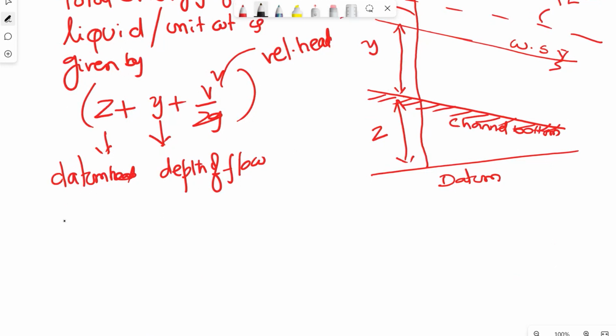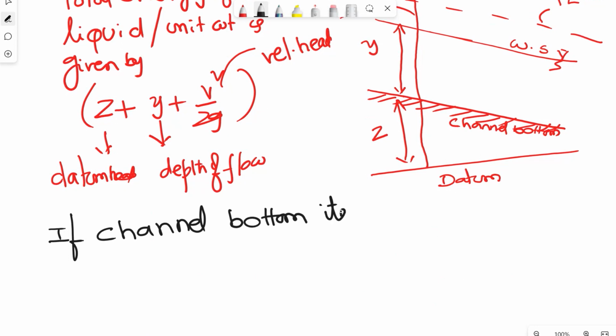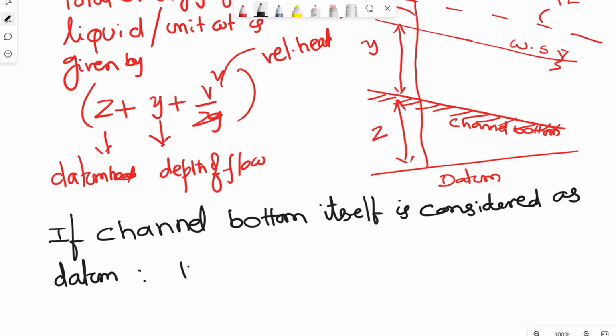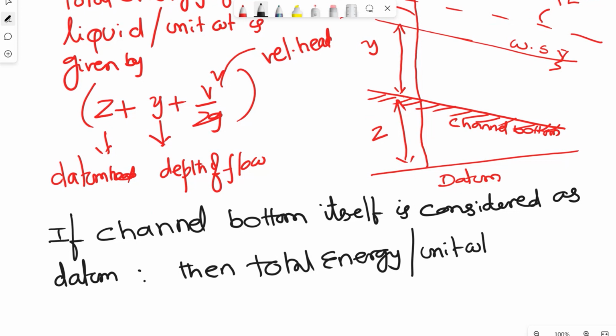For example, if the channel bottom itself is considered as the datum, then the total energy per unit weight with respect to the channel bottom is equal to, because the channel bottom itself we are considering as datum, then above that, what is the energy?